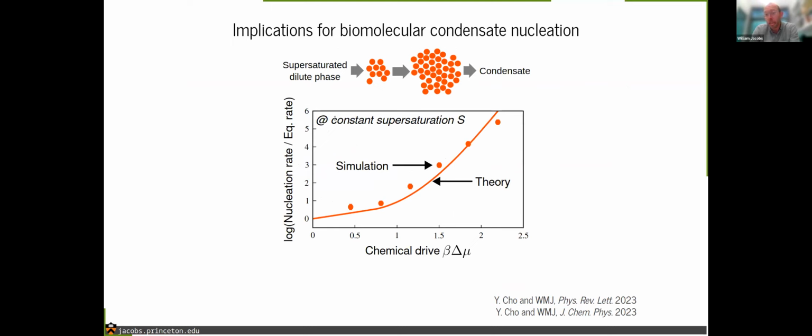What's shown here is a comparison of nucleation simulations all done at the exact same supersaturation. So the effective thermodynamic driving force for phase separation is the same in all cases, but by tuning this interfacial tension, it's possible to change the nucleation rate dramatically, by many orders of magnitude.